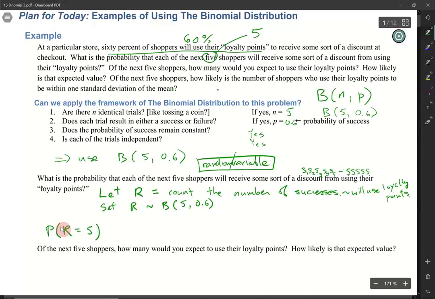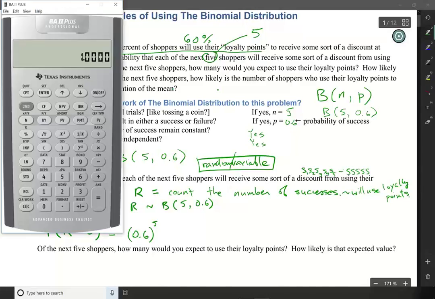So if we jump ahead, how can we do this? This is equal to what? The probability of success is P, and that's 0.6. And how many of them do we have? 5. Okay, that's it.